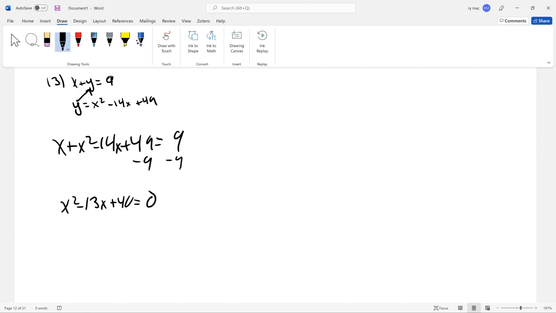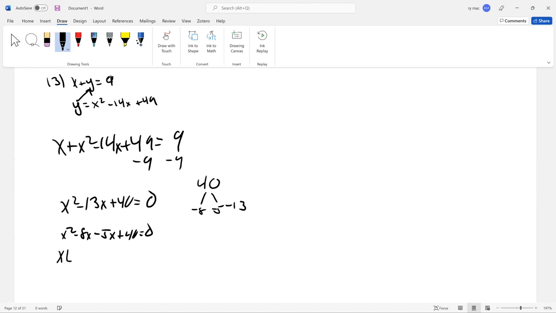Now I'm going to have to factor this a little bit to solve for 0, or when in doubt, plug it into the quadratic formula. But I always prefer to factor it. So I need something that multiplies to 40 and adds up to negative 13. And that ends up being negative 8 and negative 5. So I get X squared minus 8X minus 5X plus 40 is equal to 0.